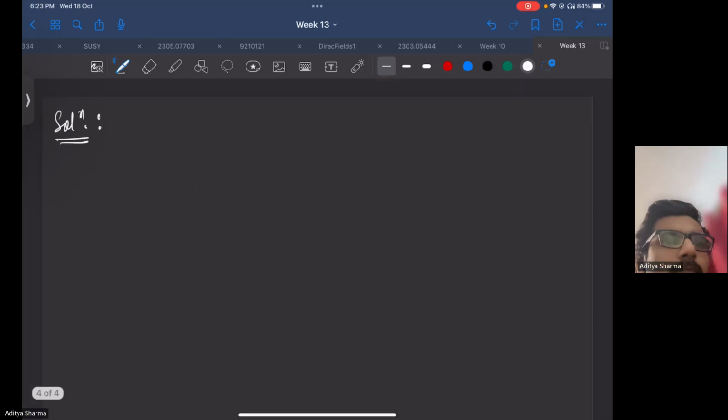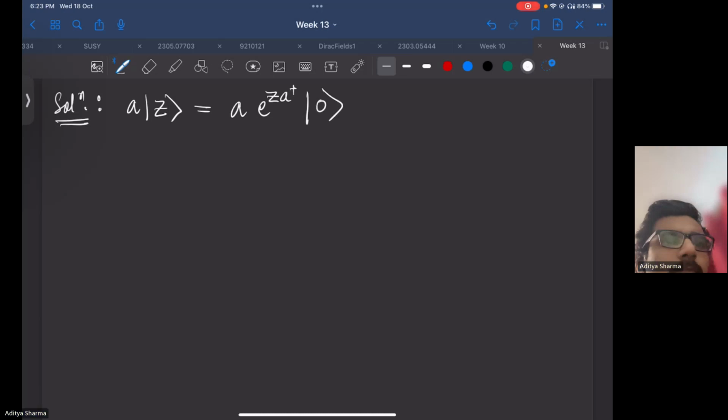So we'll take A on Z is equal to A acting on e power Z A dagger on 0. Okay. And now what I'm going to do is the series expansion of this thing, that is 1 plus Z A dagger plus, okay, there is one more easy way.